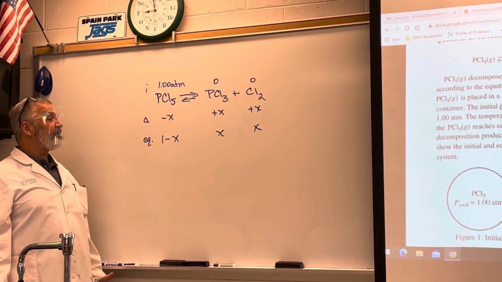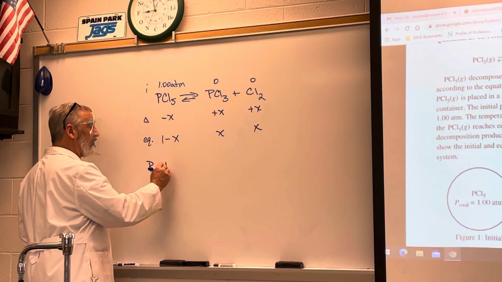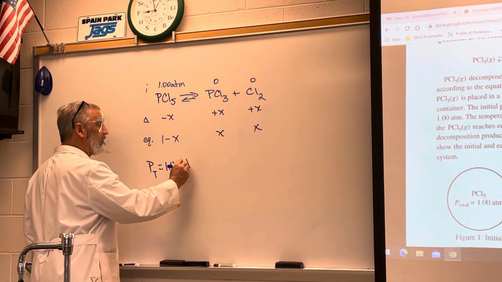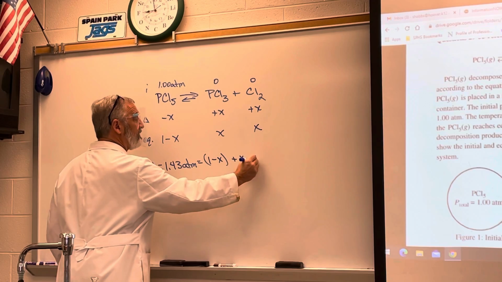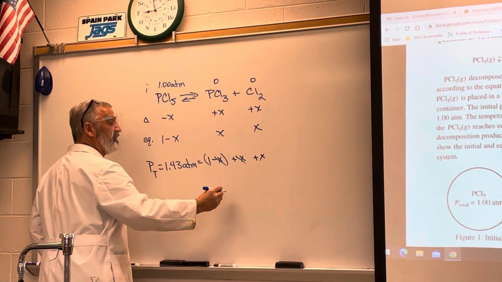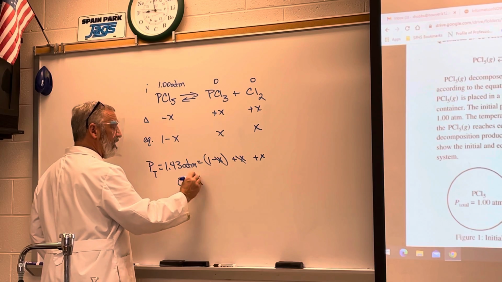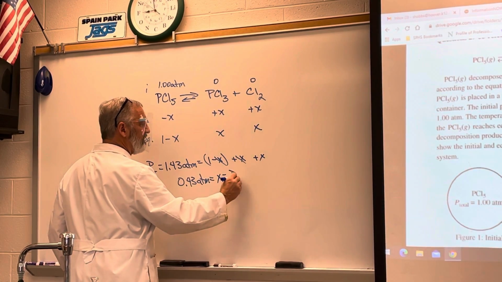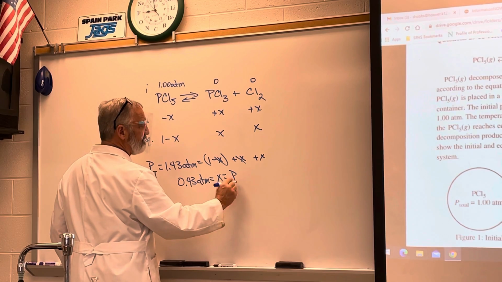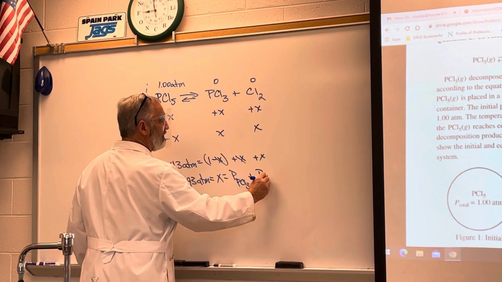But what does all that add up to? The total pressure is equal to 1.43, which is going to equal 1 minus x, plus x, plus x. Those cancel out. So it's going to be 1 plus x, so 0.43 atmospheres is equal to x, which is equal to the pressure of the PCl3, plus the pressure of the Cl2.